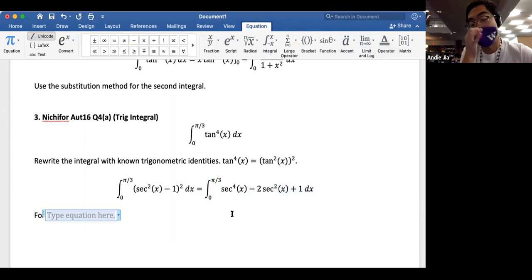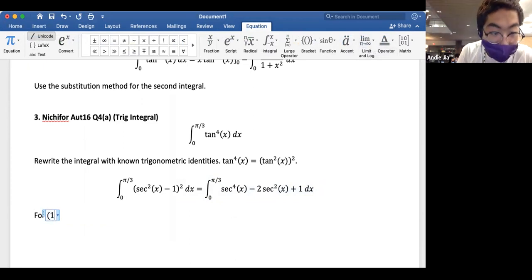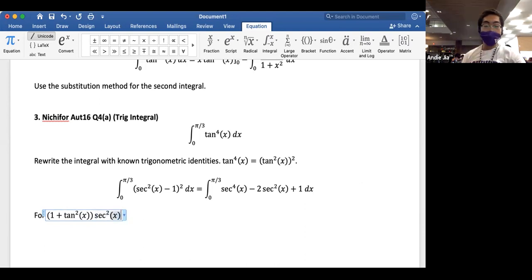So we write this as 1 plus tangent squared times secant squared of x. Here, if we use u equals tangent of x, then du is secant squared, so this is canceled.